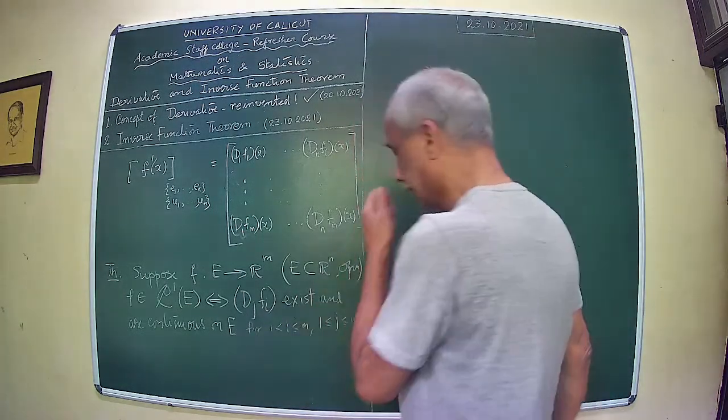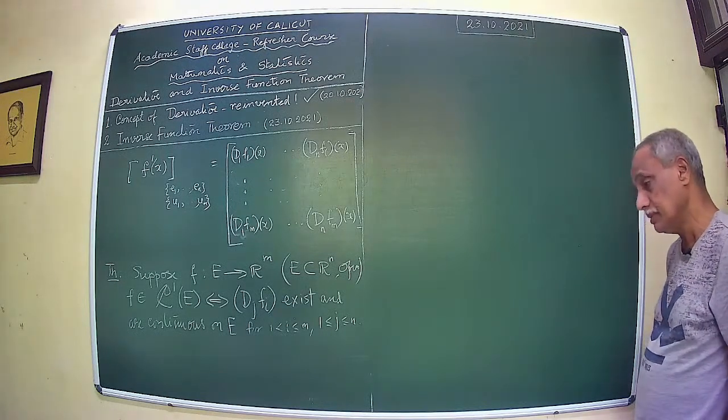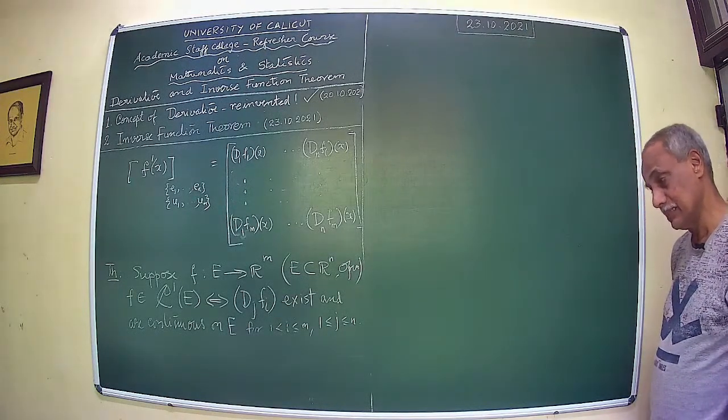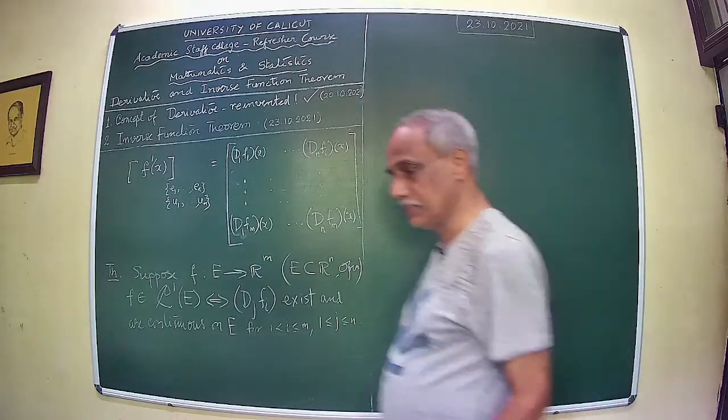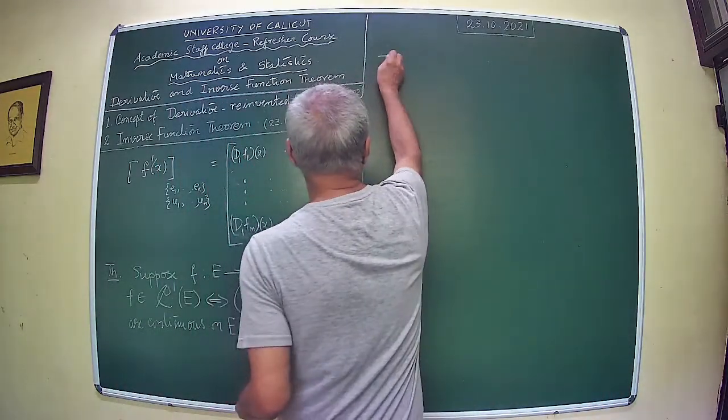Okay, we said partial derivative exists does not imply the function is even continuous, and if it is not continuous, certainly the derivative does not exist. So let us write down the theorem.